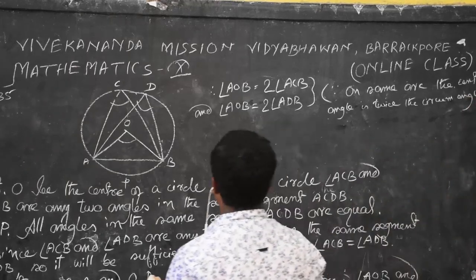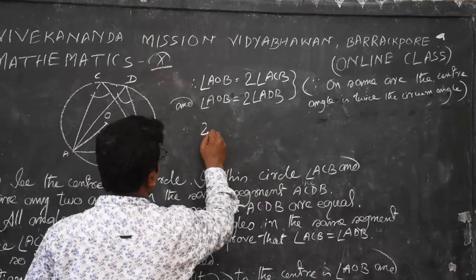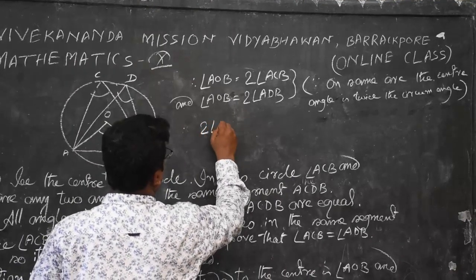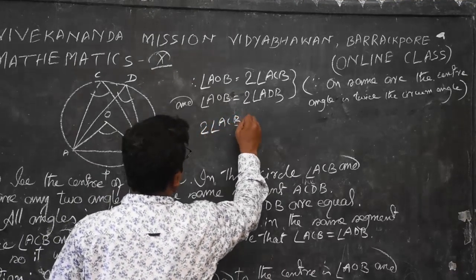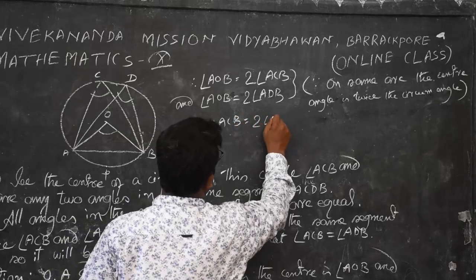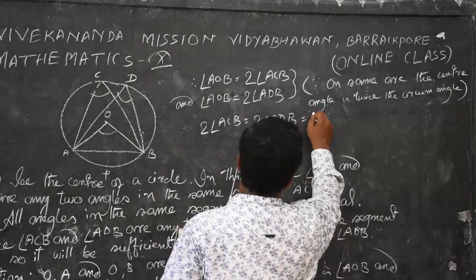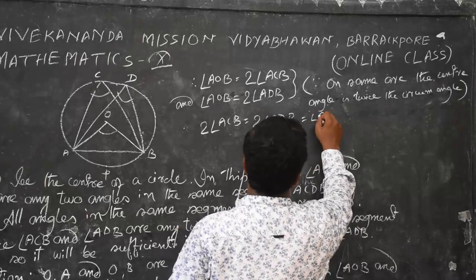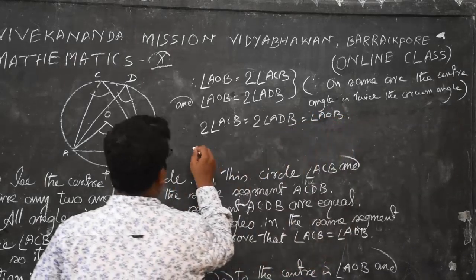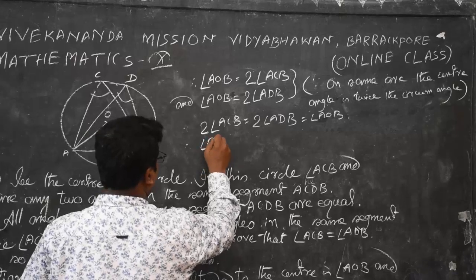Therefore 2 angle ACB equal to 2 angle ADB, equal to angle AOB.